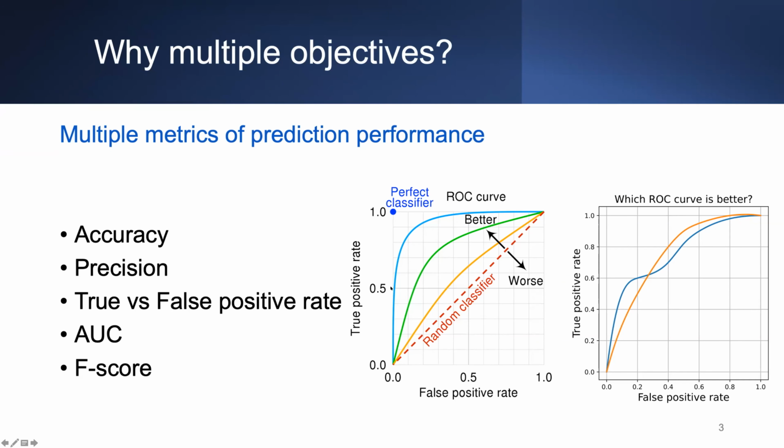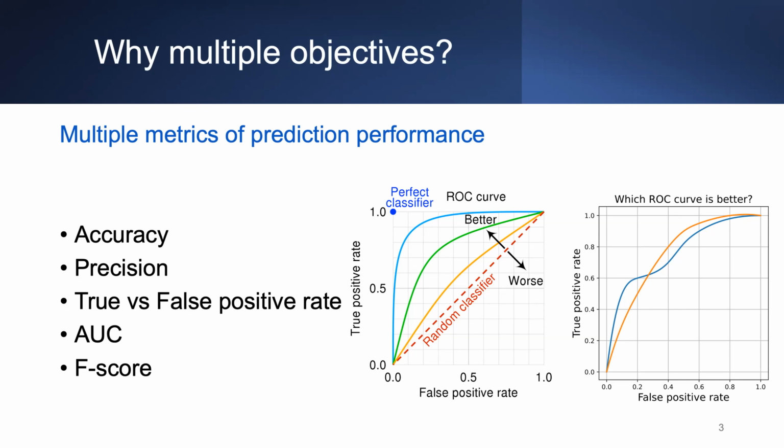Which is this ROC curve, the receiver operating characteristic curve, where you're essentially plotting true positives versus false positives, right? A perfect classifier, for example, has a true positive rate of 100% and a false positive rate of 0%. But we know you cannot build such a perfect classifier in practice.